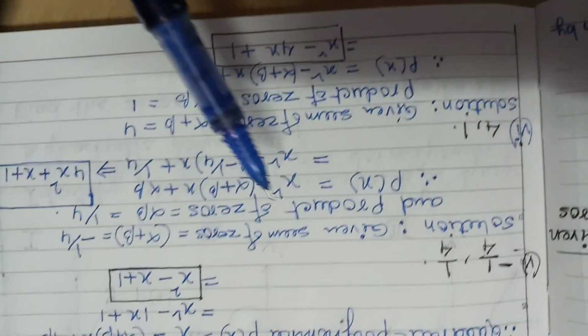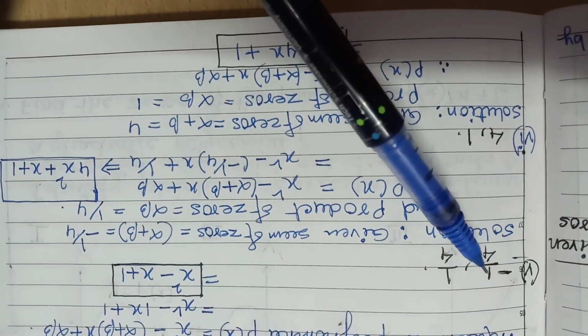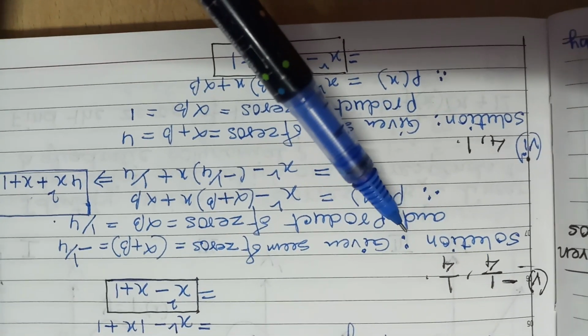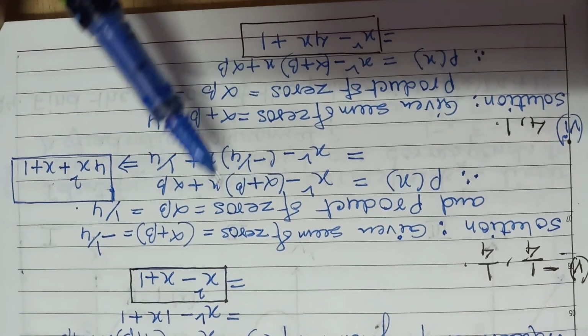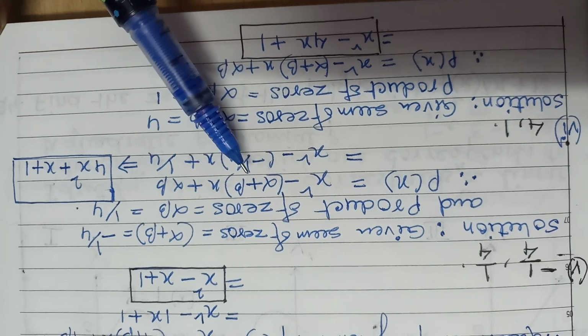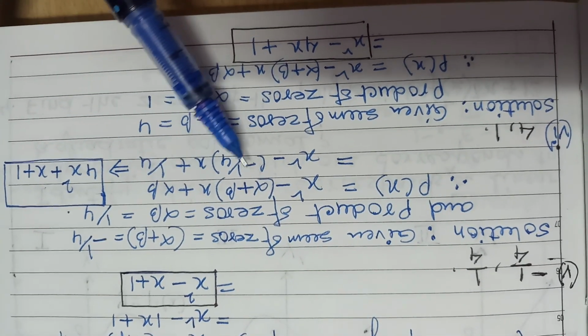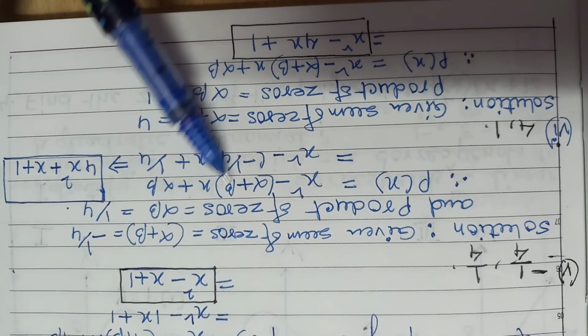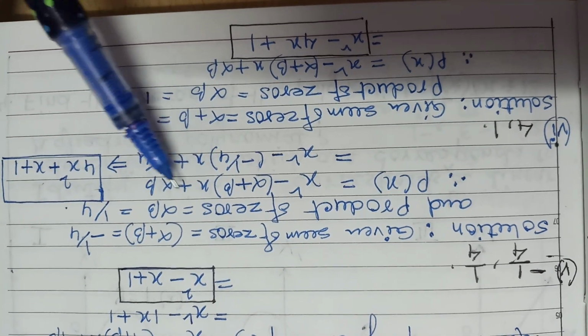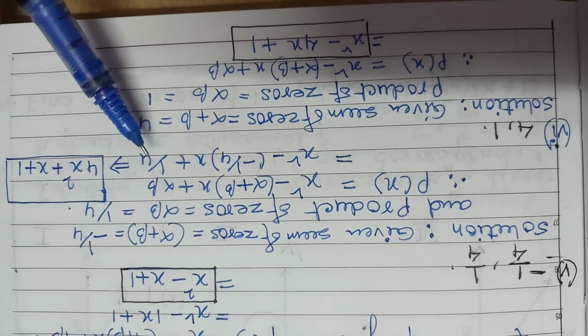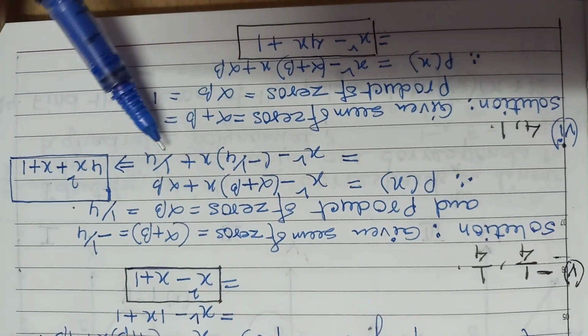Next question is alpha plus beta is minus 1 upon 4 and alpha beta is equal to 1 upon 4. Now again same, x square minus alpha plus beta into x plus alpha beta. Again substitute the value, x square minus minus 1 upon 4 into x plus alpha beta is 1 upon 4. Again multiply all three terms by 4.